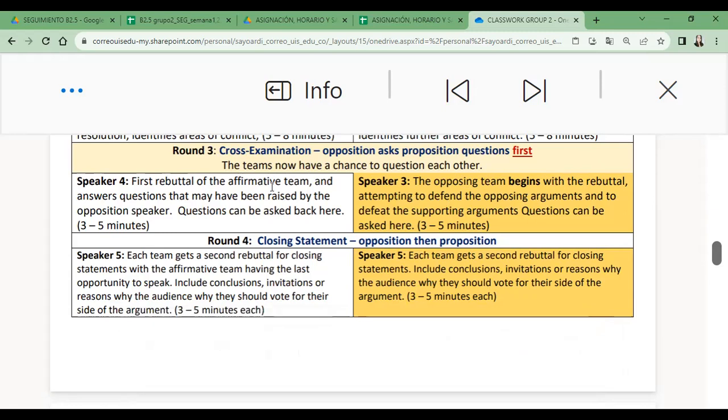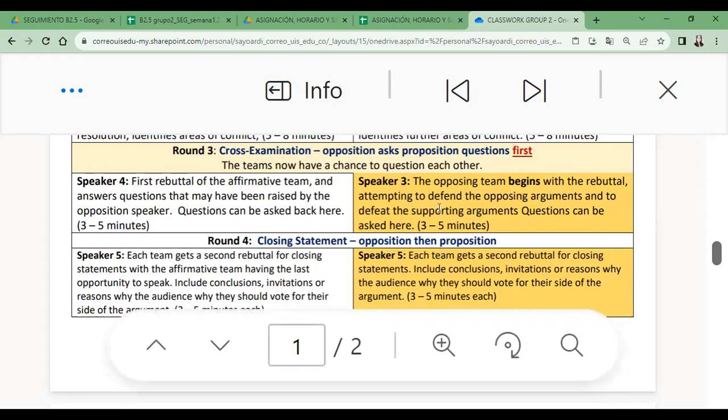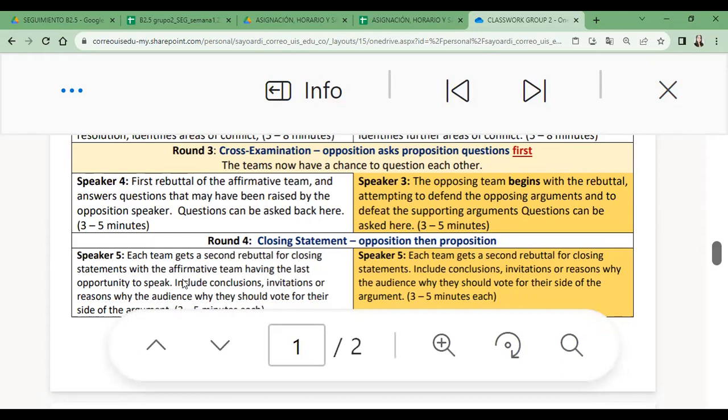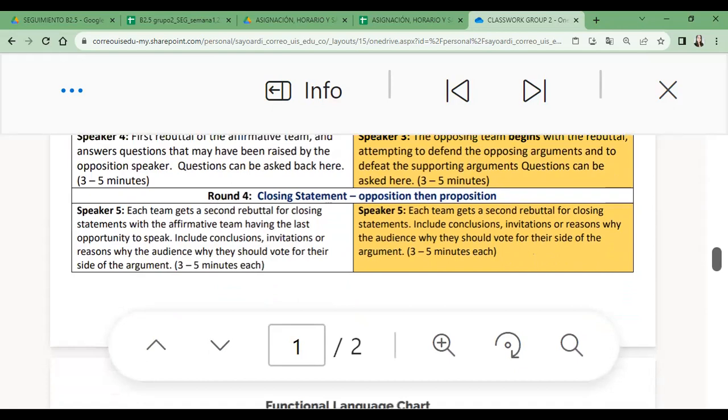I'm going to give you the chance to speak and everything. Then this group starts and the other one responds, and at the end the same. When you are closing the debate, the opposition team starts giving their conclusions and arguments, and then the affirmative group finishes.